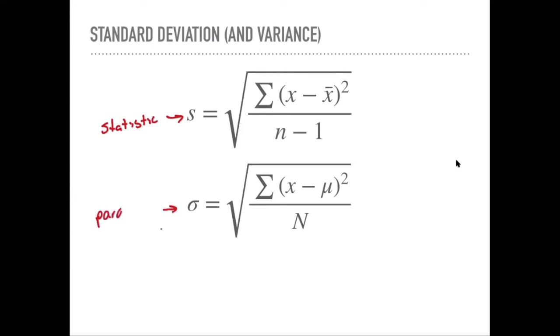I'll just write parameter. And this is called sigma. And you'll notice the difference between these is what we have in our denominator, and also if we have the sample mean or the population mean available to us.